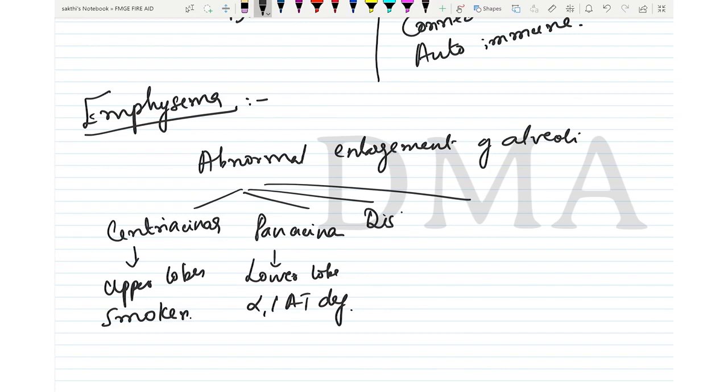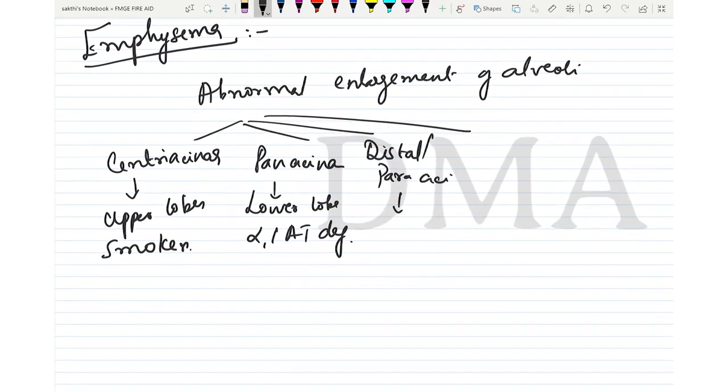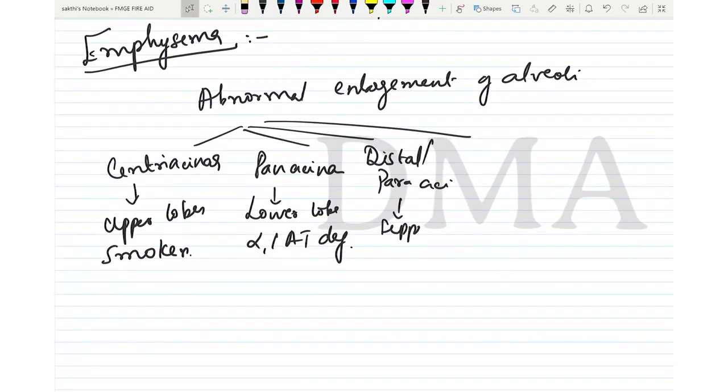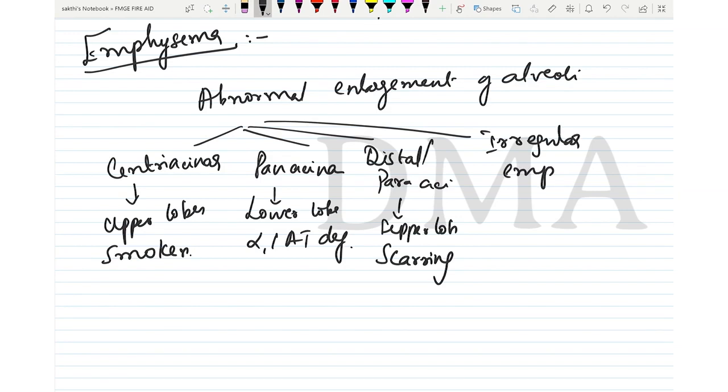And chronic bronchitis is mostly a clinical diagnosis rather than a pathological identification. Reid index is elevated in the case of chronic bronchitis. And the next COPD is bronchial asthma.